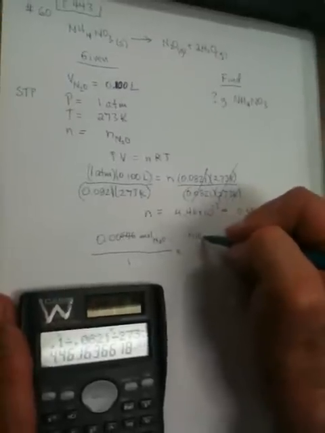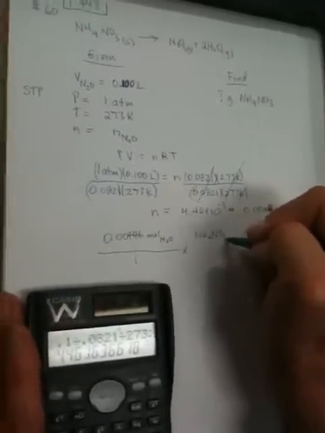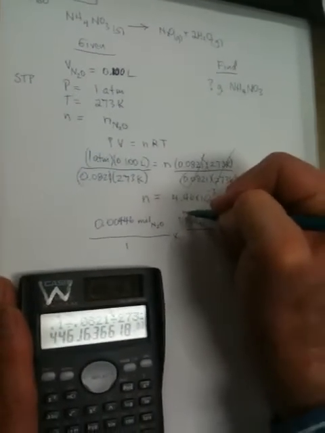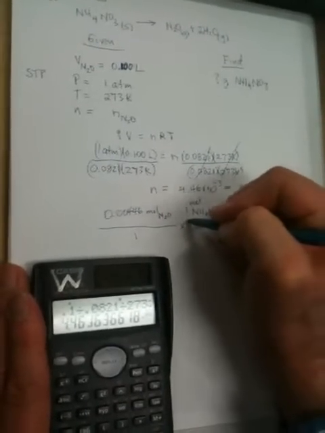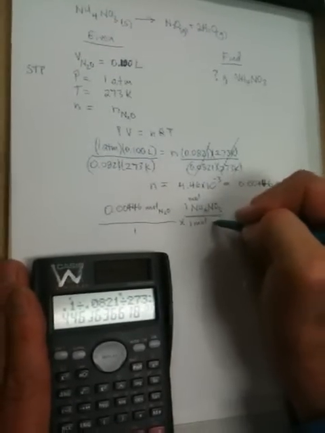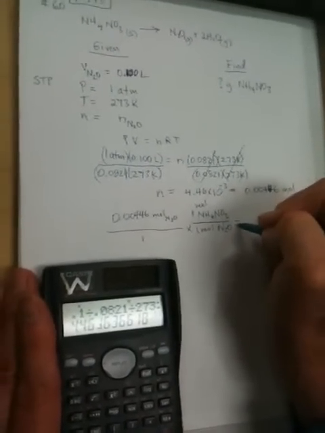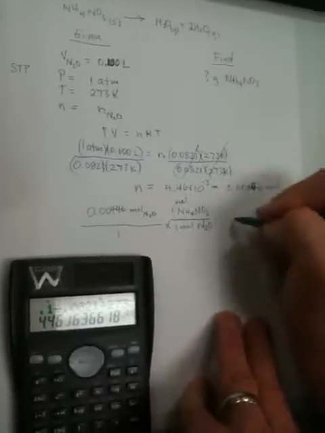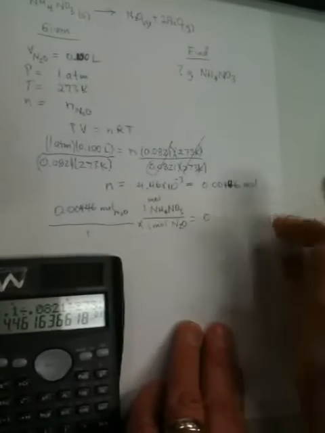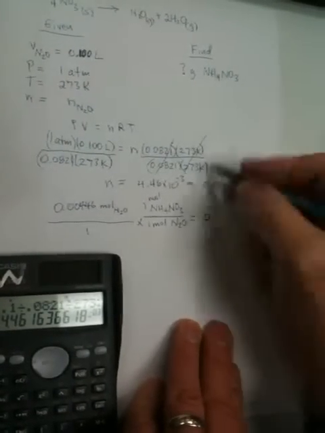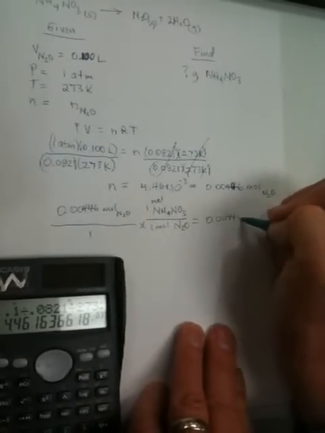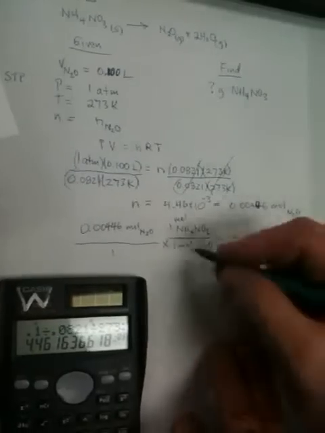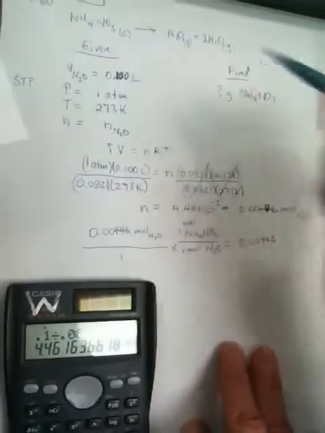So our answer, of course, is that moles of ammonium nitrate is the same as the moles of N2O, 0.00446. I really didn't need to do that calculation. I could have done that in my head. You could have done it in your head. But I wanted you to see how we get our relationships out of the balanced equation.